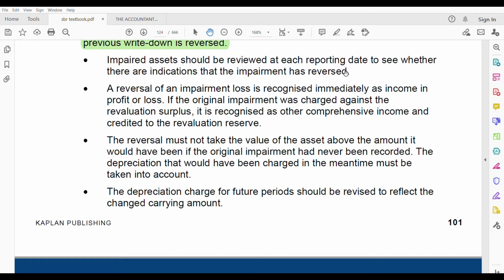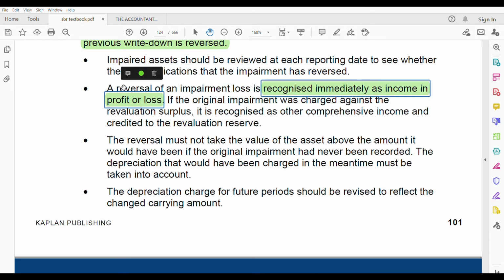A reversal of an impairment loss is recognized immediately as an income. Impairment loss is an expense, but once you reverse it, it's an income now. So it will be recognized immediately as an income in the profit and loss.